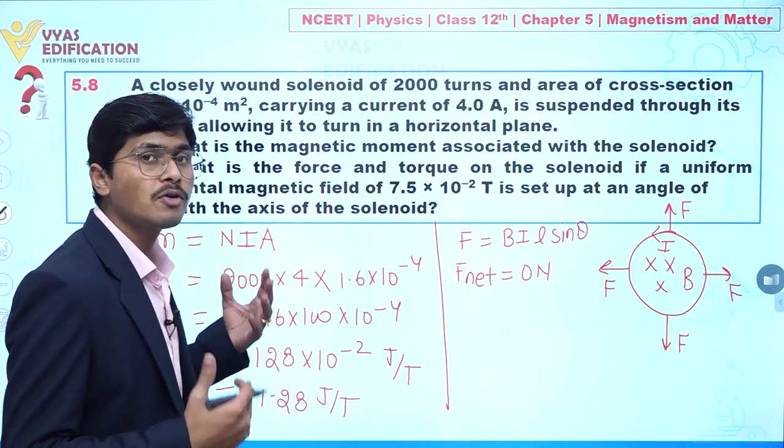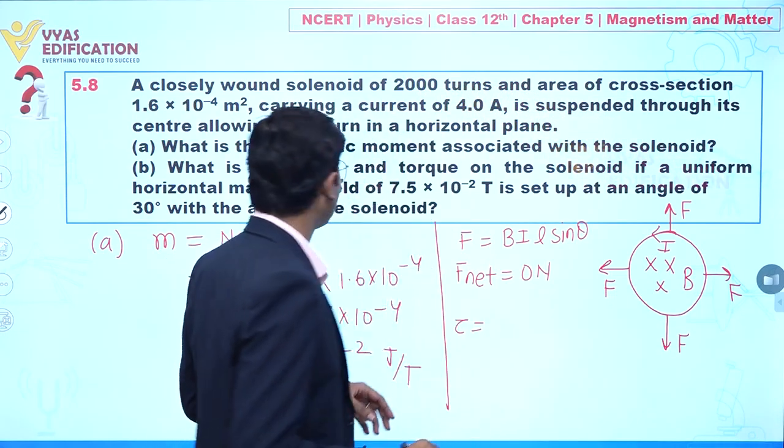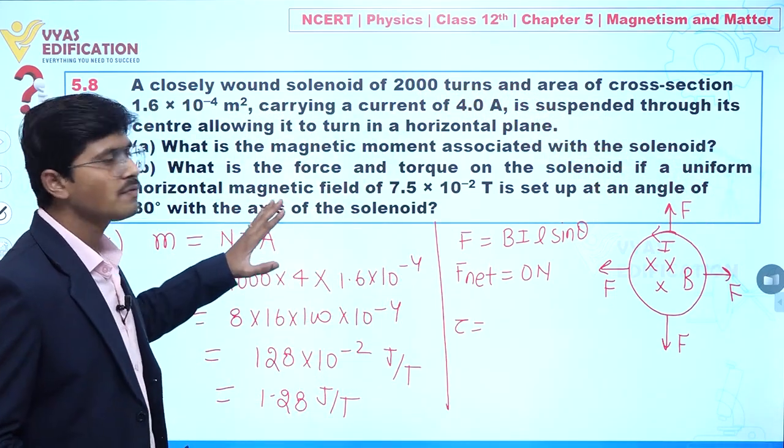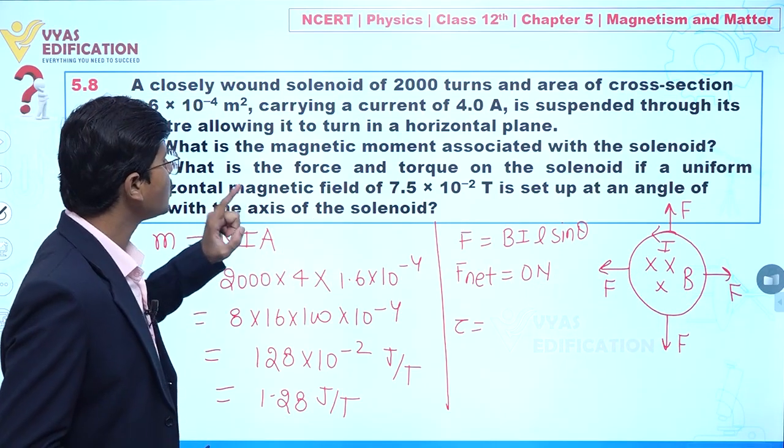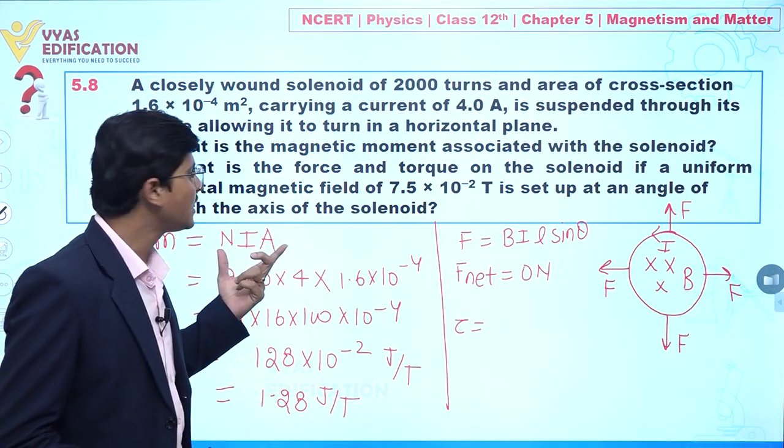But what about the net torque? Because it is the objective in this question, we have to calculate the torque. A uniform horizontal magnetic field is given to you and it is set up at an angle of 30 degrees with the axis.